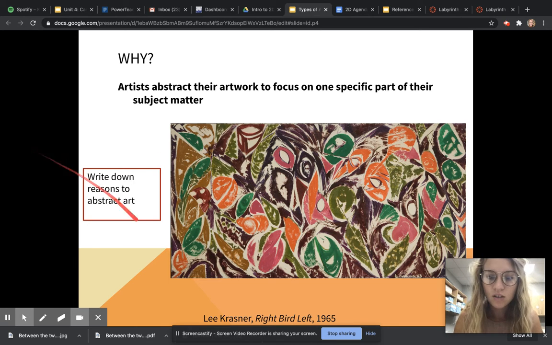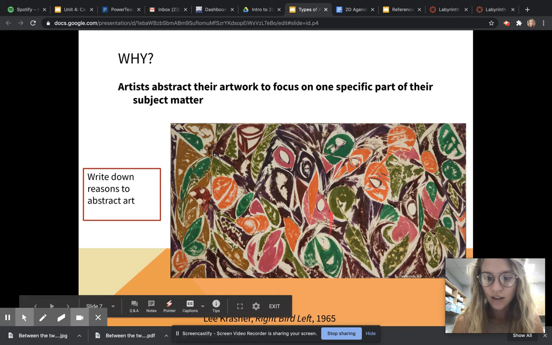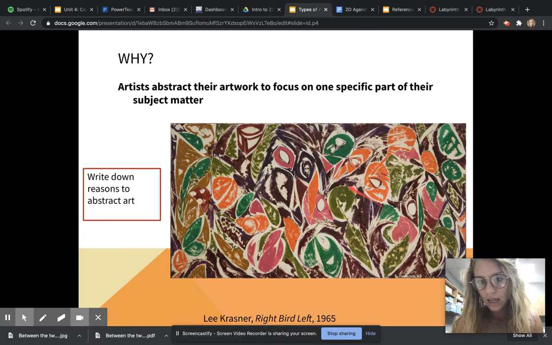For example, this is Right Bird Left, and this is an abstraction of birds. So you can see all the different individual little beaks, and this is maybe his little nose that you can see. And there's those same general shapes kind of repeated throughout.